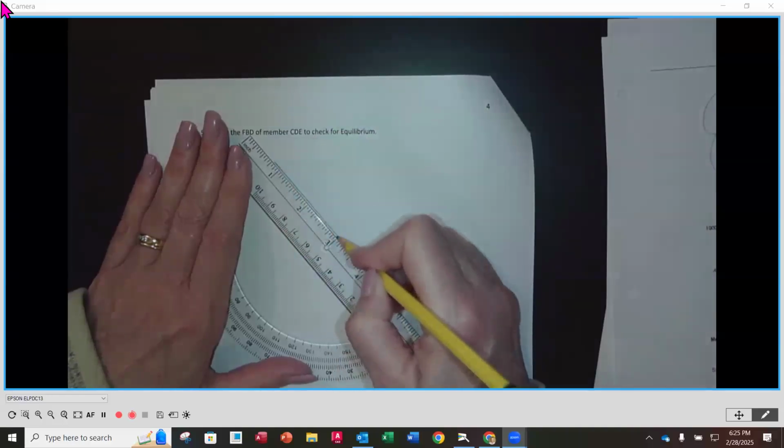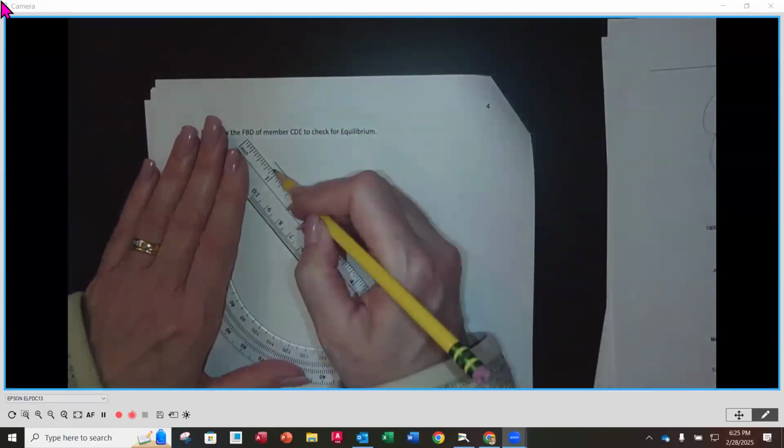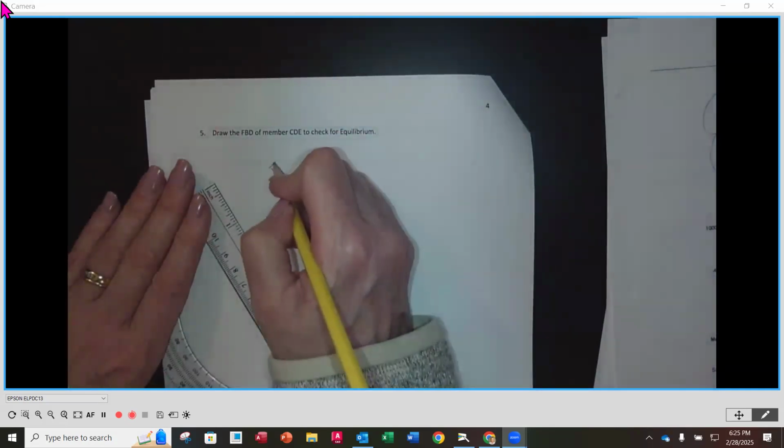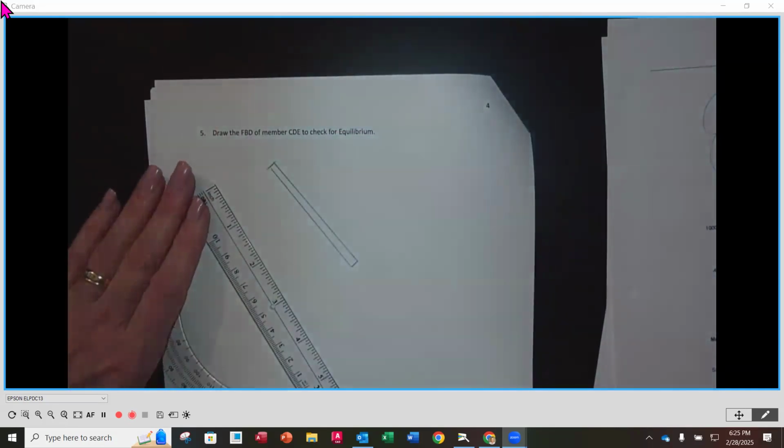On our final spot here, we're going to draw CDE at the angle, and identify each one of our pin reactions.